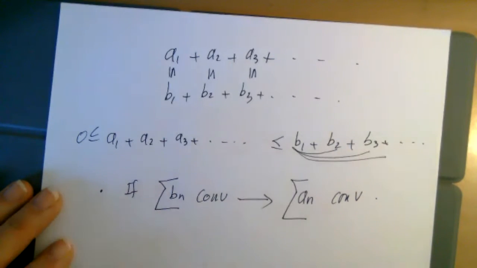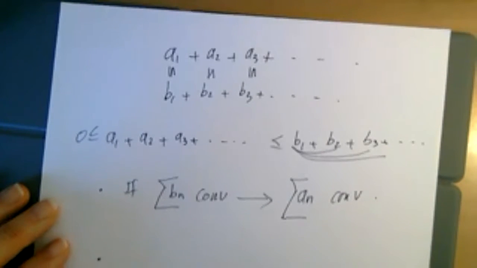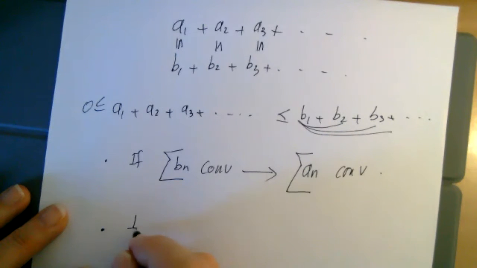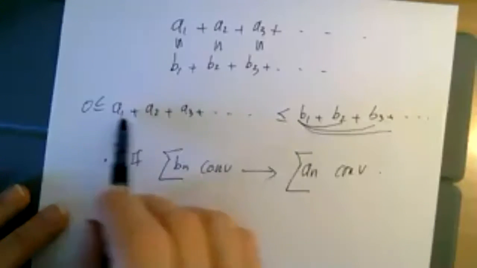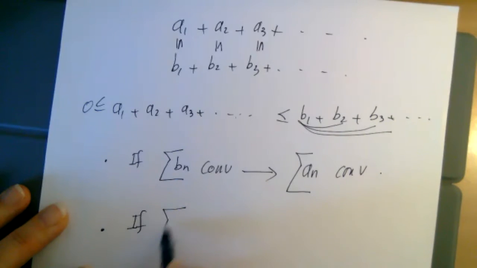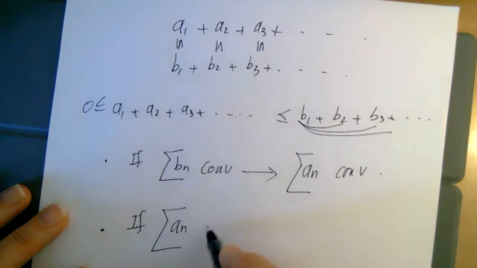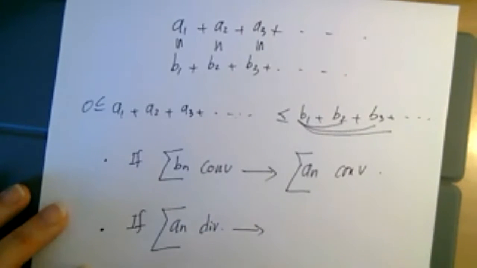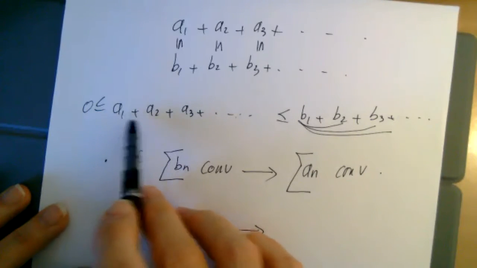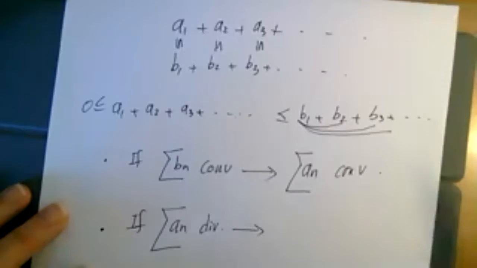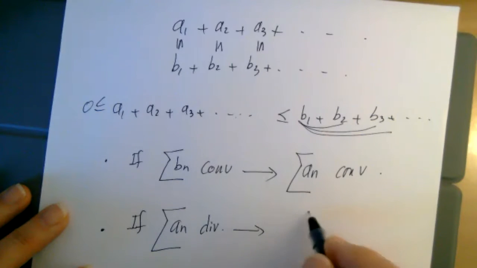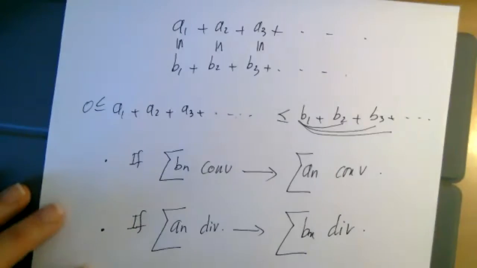That's the first part of it. The second part tells me that if the small ones diverge, meaning when I start adding a1 plus a2 plus a3 the terms go to plus infinity, then the larger series will diverge as well.